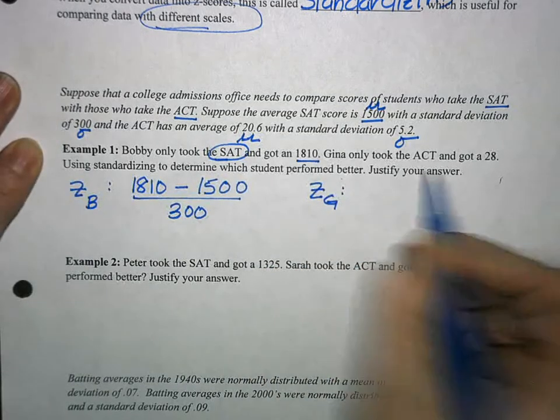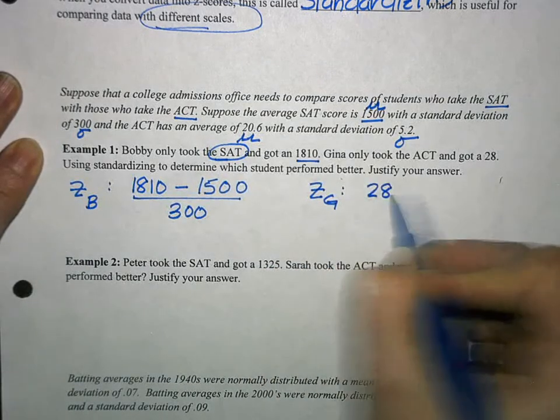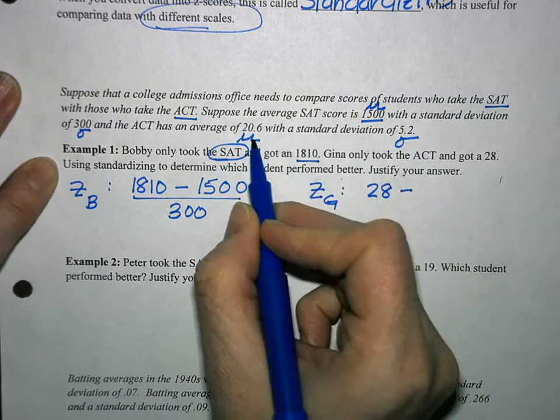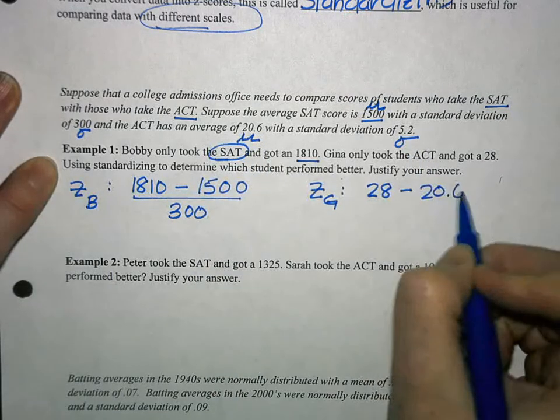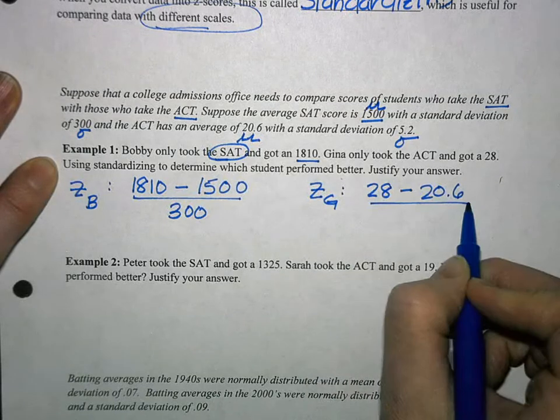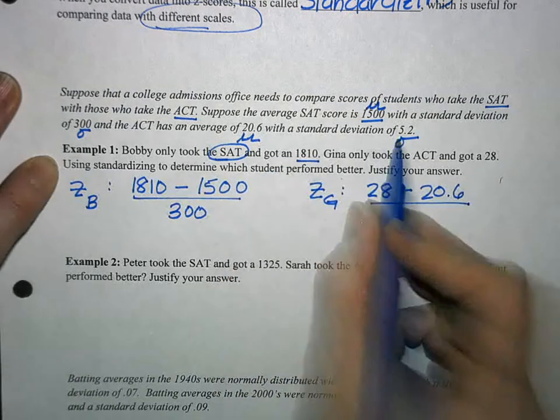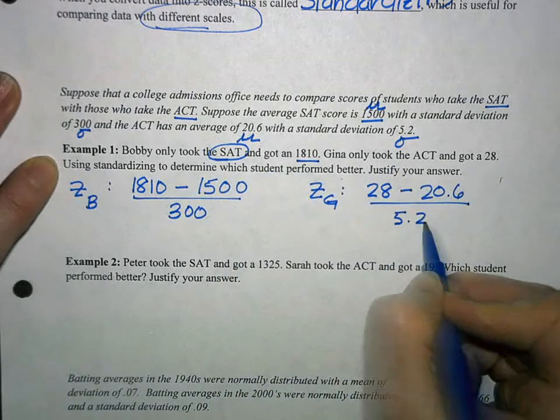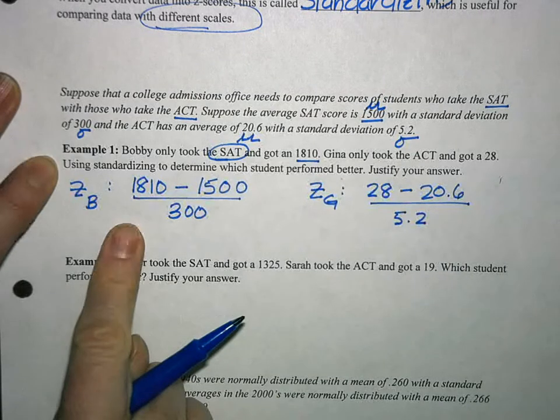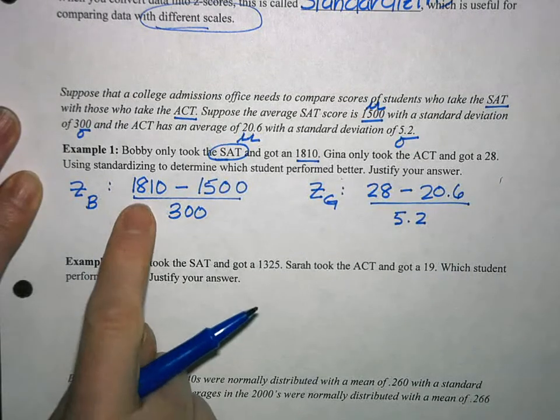Now we're going to set up the z-score for Gina. So Gina took the ACT and got a 28. That's her X. Minus the average, 20.6. Looks like they both did above average. Divided by the standard deviation of 5.2.